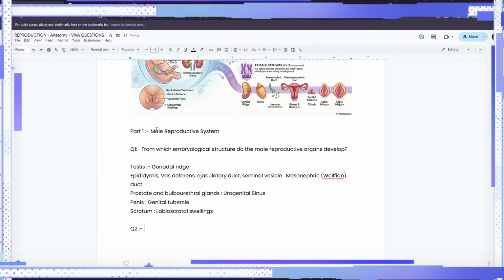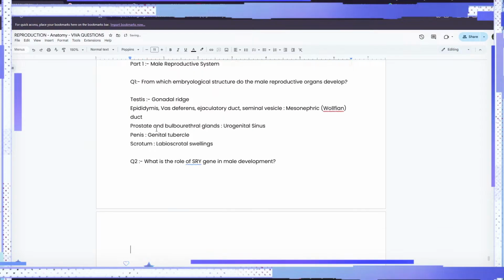Okay, question number two. What is the role of the SRY gene in male development? Now, I think this is personally my favorite question because SRY, it's awesome, it's lovely.